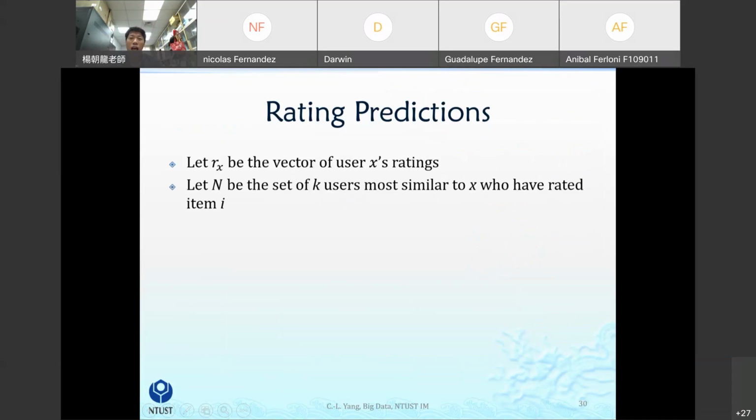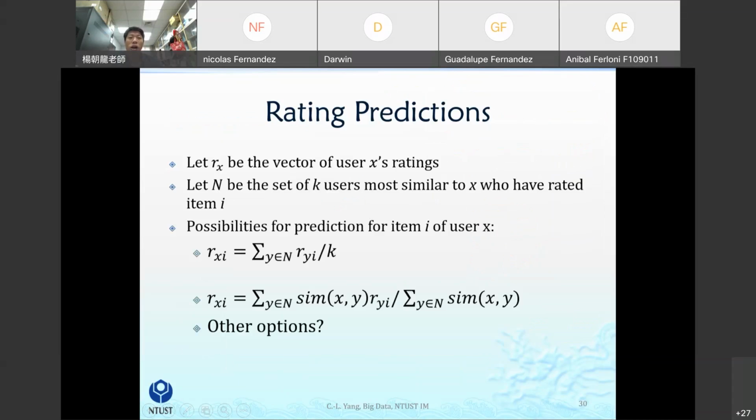So I won't go into this kind of maths, but basically that's a possibility for predicting items for customer X, and N be the K customers. It's not only one. They are most similar to X.